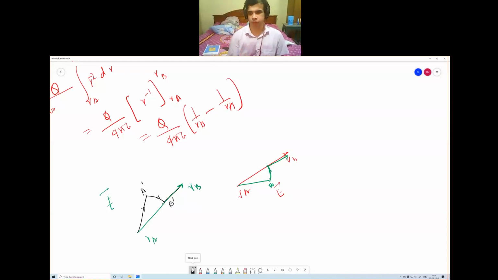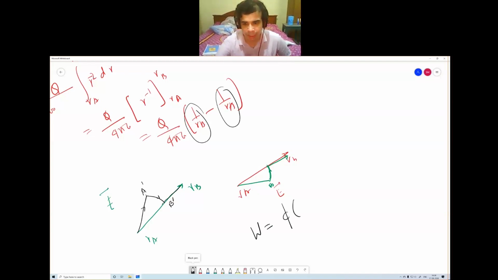We'll take the calculation, you can take theta and so on. This W depends on the positions of these points, so we can write it as phi RB minus phi RA.